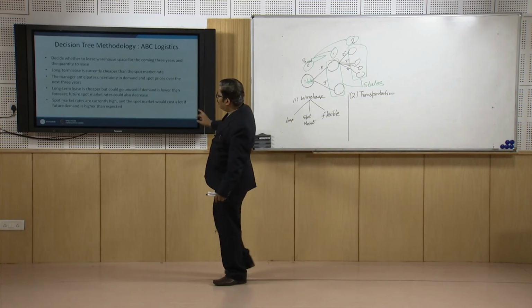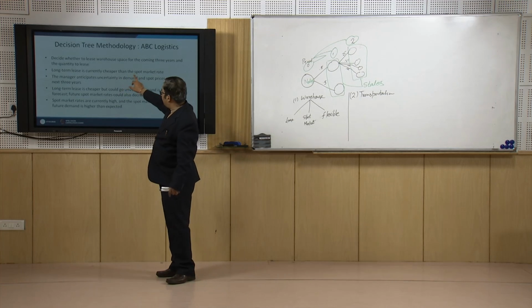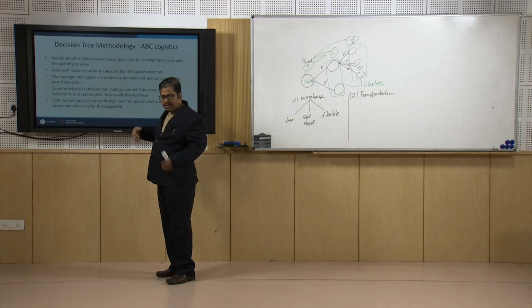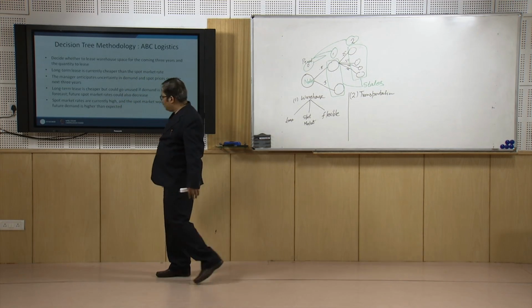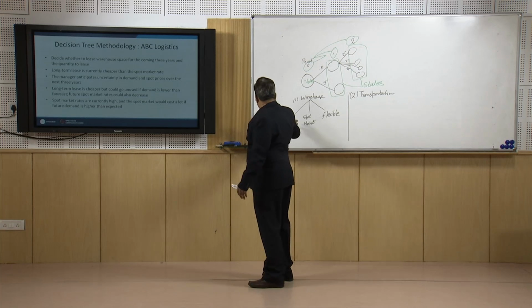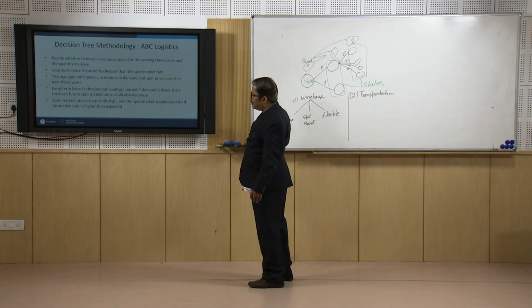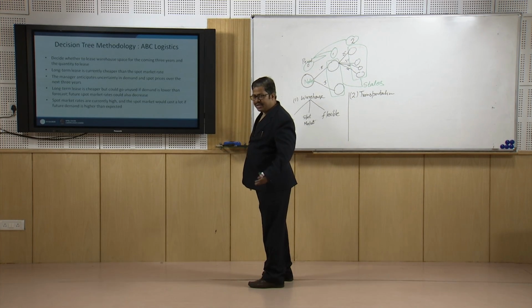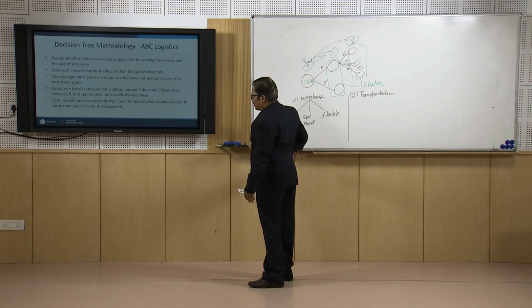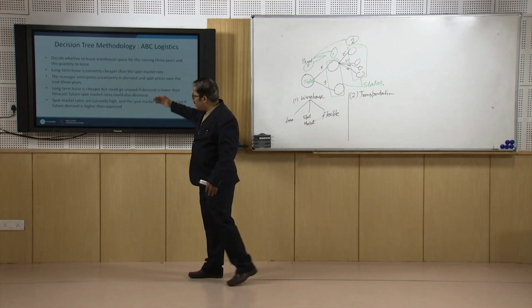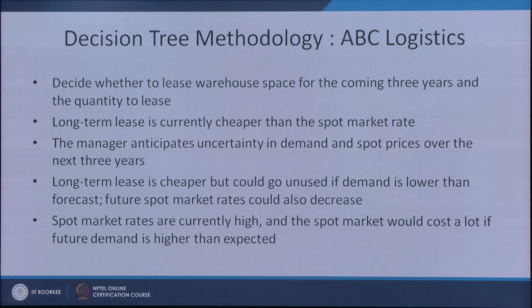Then, a long term lease is currently cheaper than the spot market rate. The situation, which is very obvious, is that if I go for a long term lease agreement, it is cheaper than the spot market rates. The manager anticipates uncertainty in 2 things. One is that there may be a fluctuation in the demand.